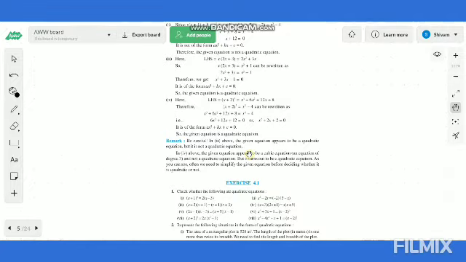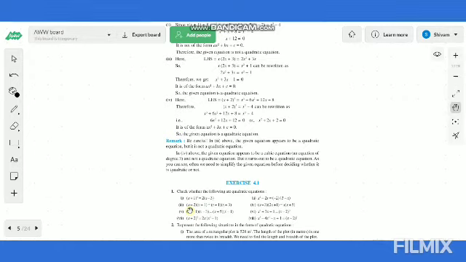Let me discuss exercise 4.1 of NCERT book. Here the first question is to check whether the following are quadratic equations or not. The first equation is given as (x plus 1) whole square is equal to 2 into (x minus 3).